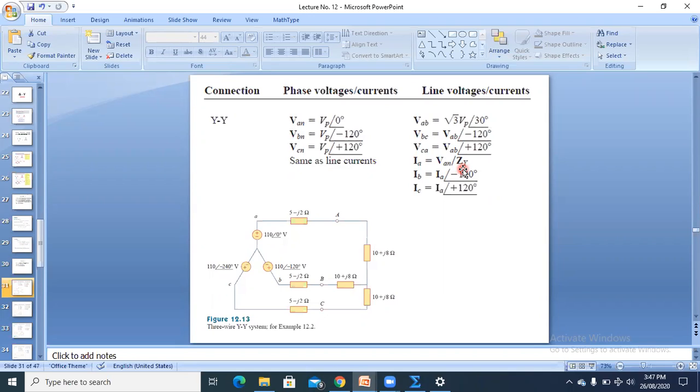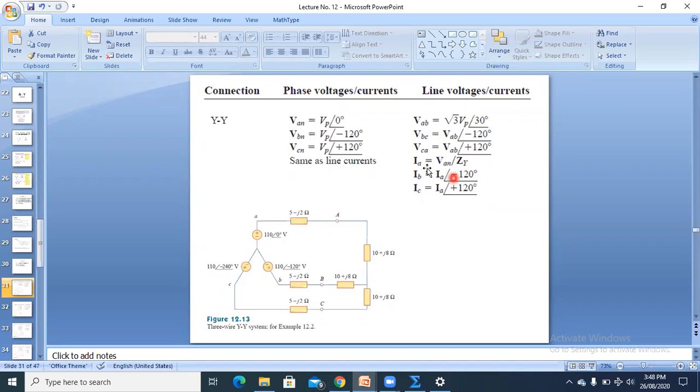The total impedance is the source impedance, plus the load impedance or the line impedance, right?